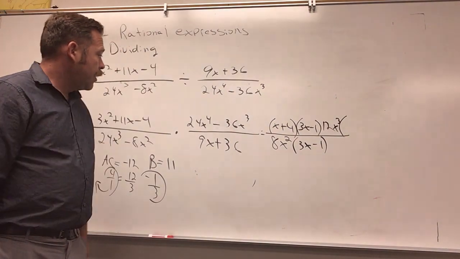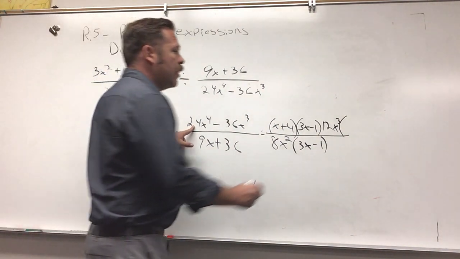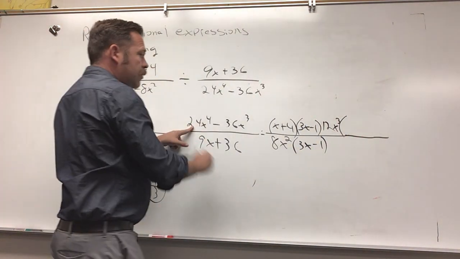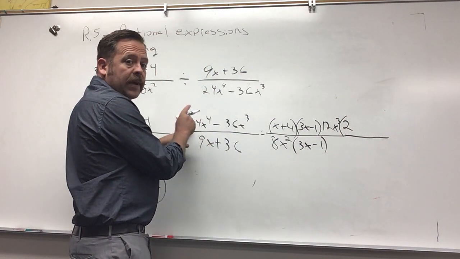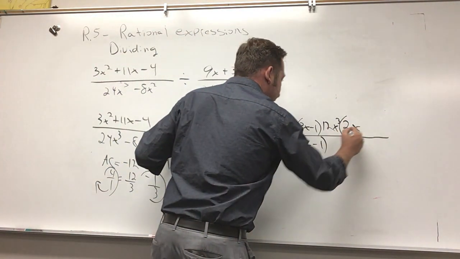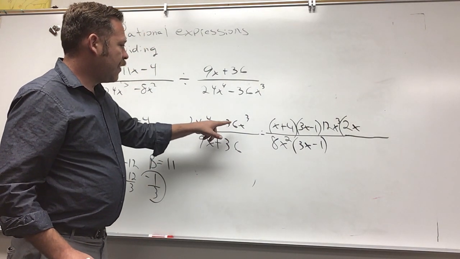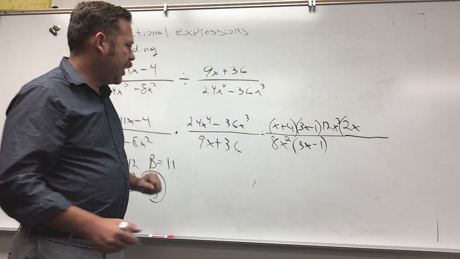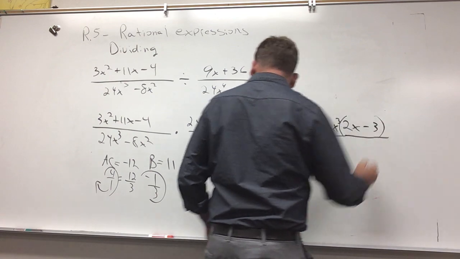Then, let's see what I'm left with. 24 divided by 12 leaves me with a 2. And then x to the fourth divided by x cubed leaves me with an x. And let's see, 36 divided by 12 gives me just a 3, so -3.